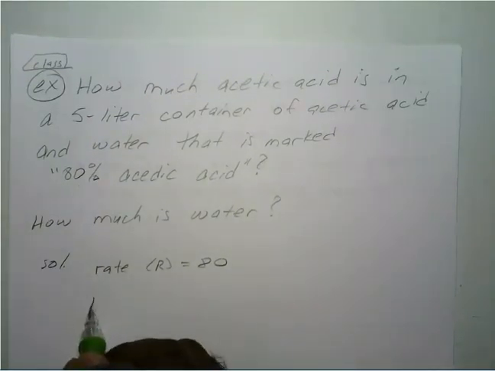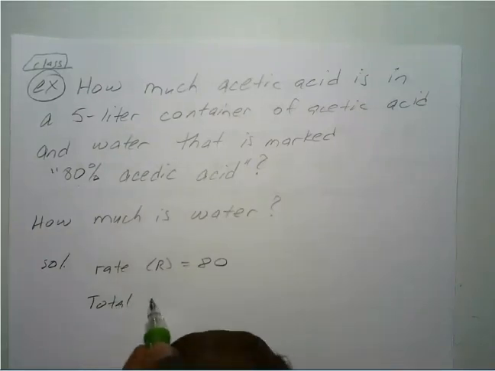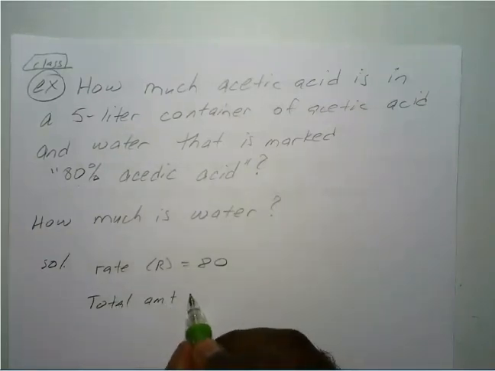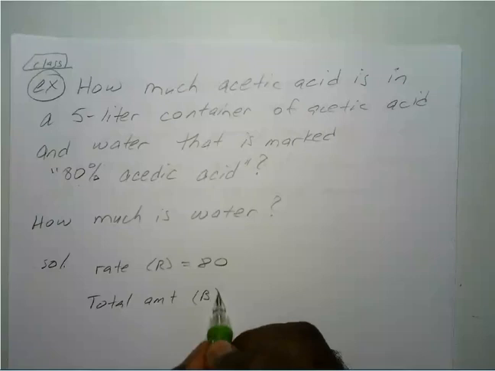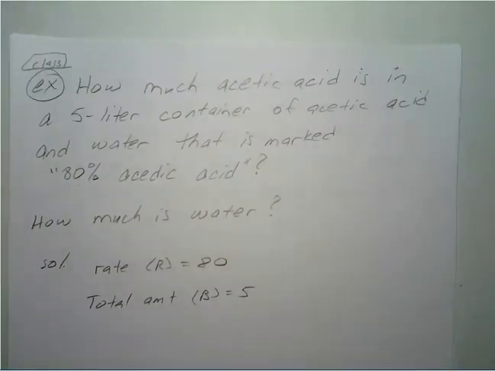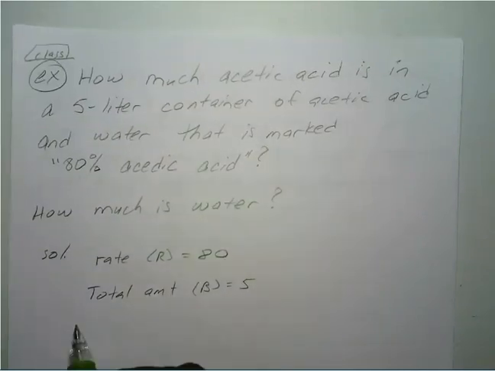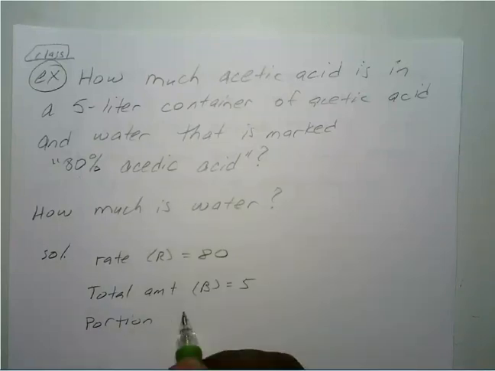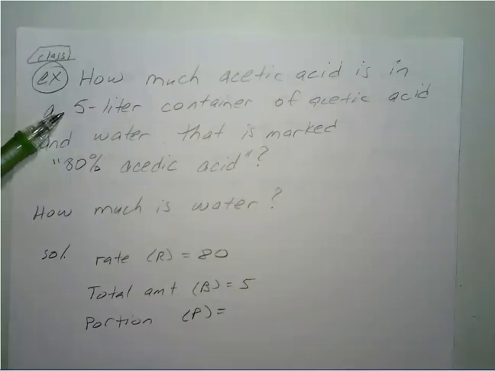Your total amount, your base, is equal to 5 because you have 5 liters. That's the total amount you have. Now your portion is unknown, because even though you have 5 liters, we don't know how many liters of that is actually acid.